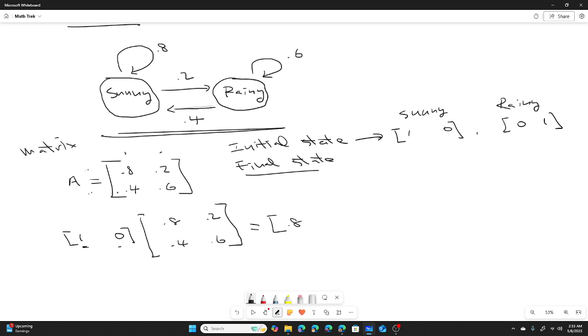This row and this column is going to be 0.2. And this would be the probability for tomorrow, the final state, or the state for tomorrow. So tomorrow, we have an 80% probability that tomorrow will be sunny, and 20% that it's going to be rainy.